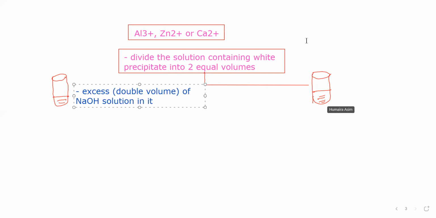On the other side, I am going to use ammonia solution. I'm using different colors so it is easier for us to understand.